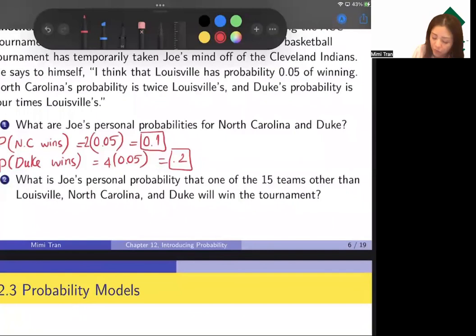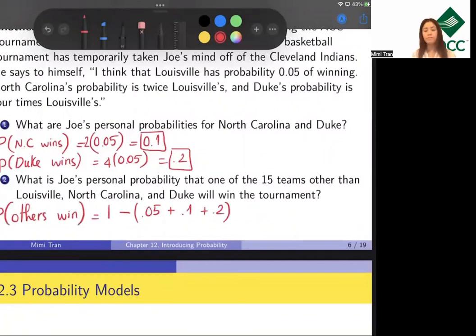So the probability that others win is just 1 minus the teams that we already know: minus Louisville, which is 0.05, North Carolina, which is 0.1, and Duke, which is 0.2. Use your calculator, or you can do it in your head. That would be 0.65, so 65%. If you want to say 65%, you can. Same thing.